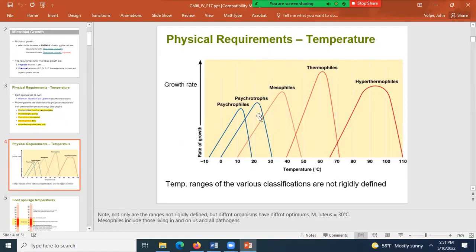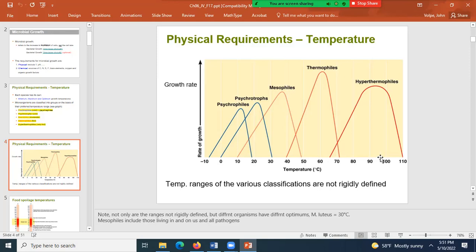There are mesophiles, and they grow best around 37 degrees Celsius. All human pathogens are mesophiles. There are also thermophiles, and they grow best between 60 and 65 degrees Celsius, which is really hot. And then there's hyperthermophiles, and they grow best between 90 and 100 degrees Celsius. Remember, 100 degrees Celsius is the temperature that water boils at.